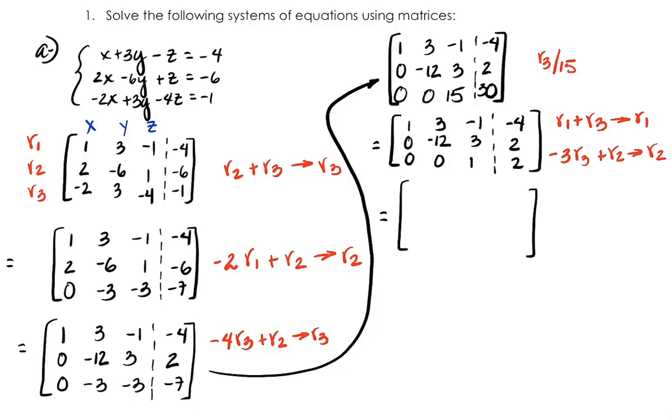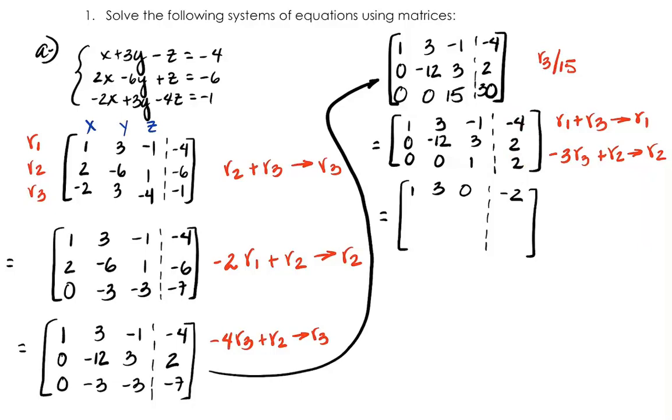Let's begin by adding row 1 and row 3. 1 plus 0 is 1. 3 plus 0 is 3. Negative 1 plus 1 is 0. And negative 4 plus 2 is negative 2.